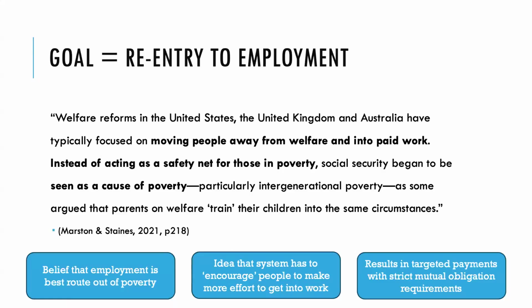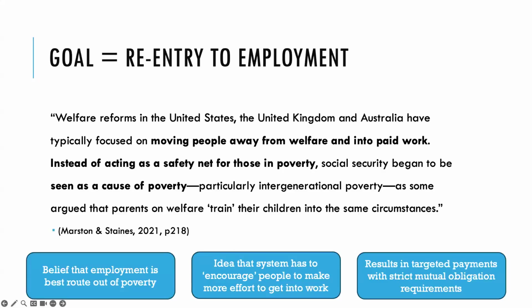We rather want people to be working because people who just rely on income support all their life tend to be dragged into intergenerational poverty. And there has been evidence that people in those conditions tend also to train their children into similar situations.